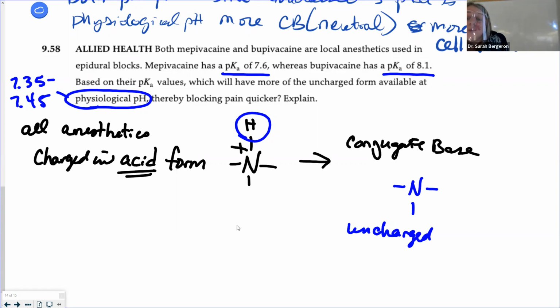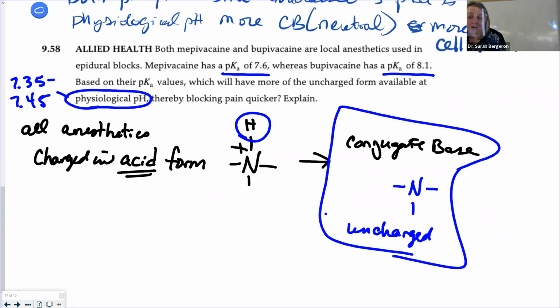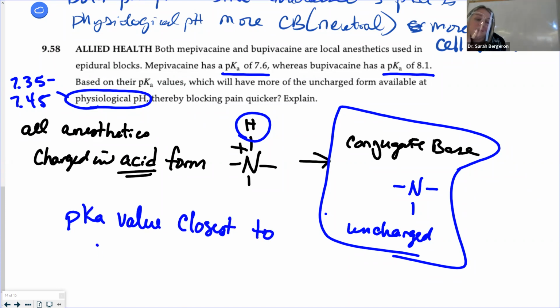So tell me, which one is going to have more of the uncharged form, the conjugate base form, available at physiological pH? Which one has a pKa value closest to physiological pH?